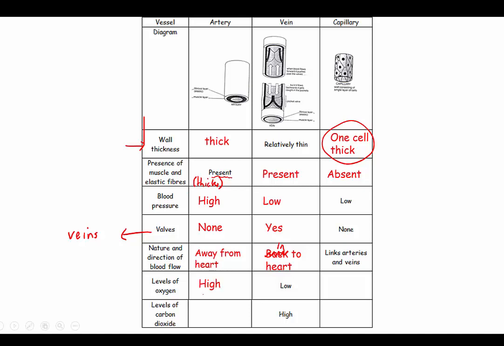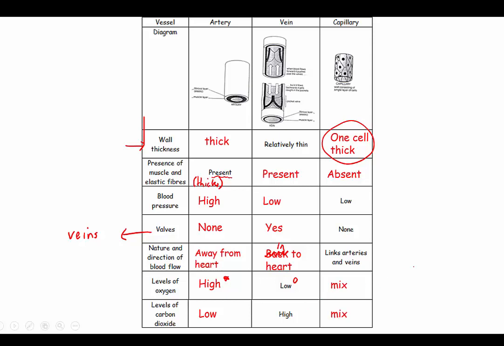Now, levels of oxygen in the arteries is usually high. There is an exception to that. And in the veins, it's usually low. But again, there is an exception to that. So I'm going to put a wee circle beside that one. Now, levels of carbon dioxide in arteries is usually low. In veins, usually high. Capillaries can be a mix.